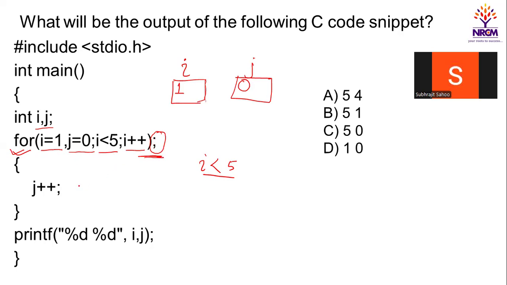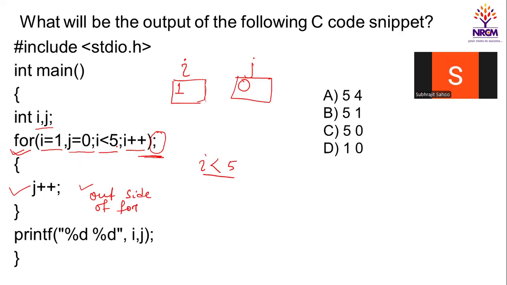So this j plus plus will be treated as outside of the for. Outside of the for means 100% it will be executed, whether the condition is true or false does not matter here. This statement will be 100% executed.